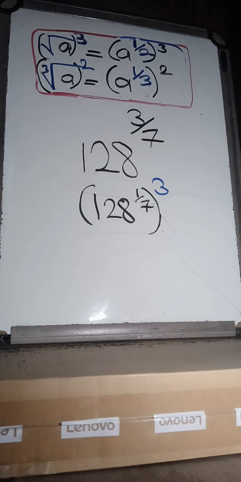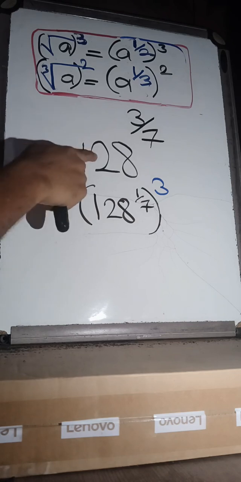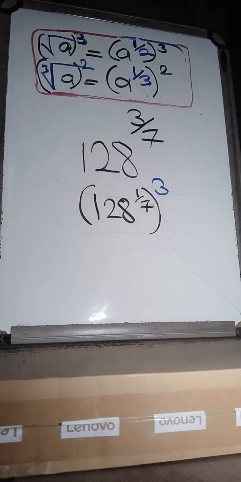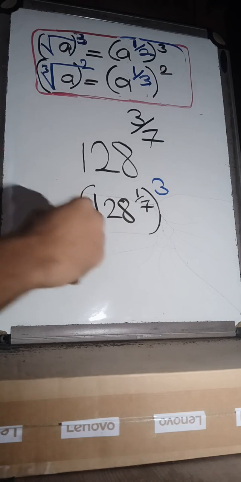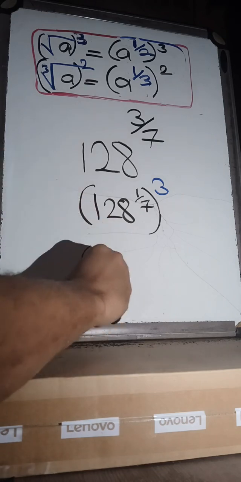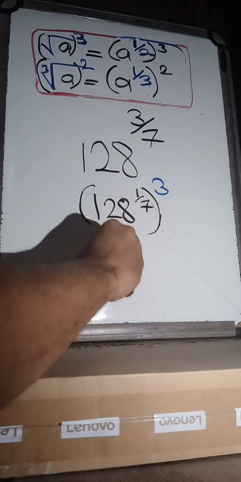The reason why they do this is because they know that this number, when raised to a power, will cancel out that one, right? Therefore, they know that this is going to be 2 raised to the 7.